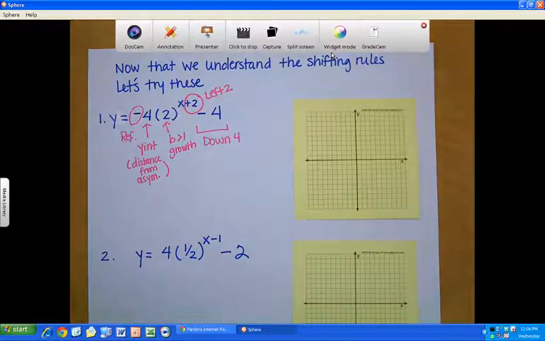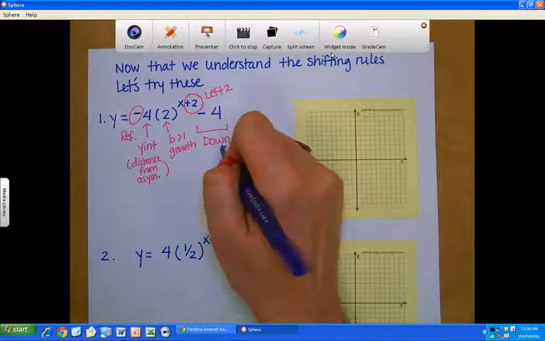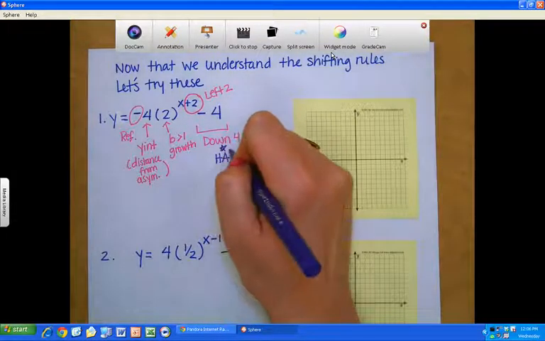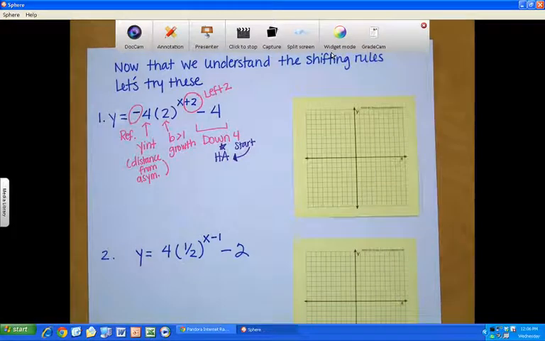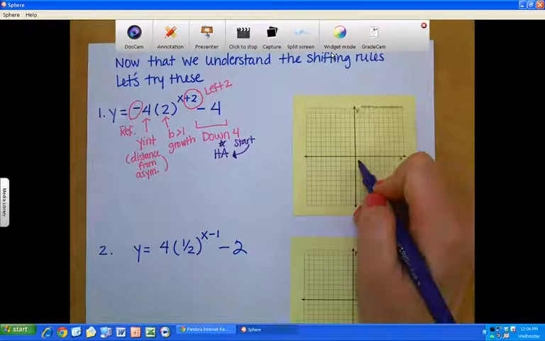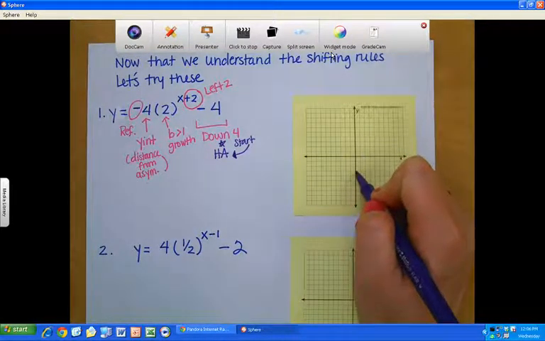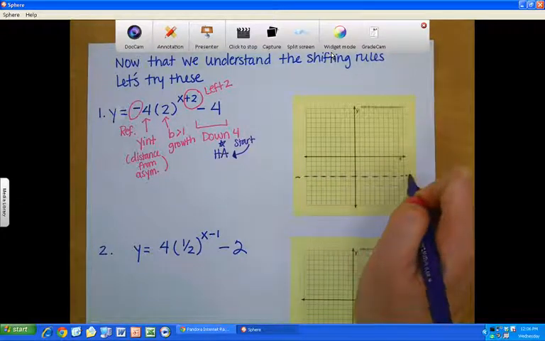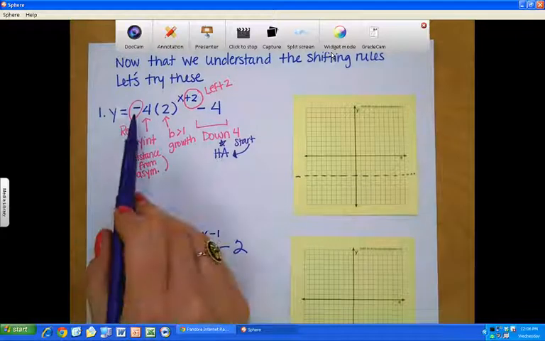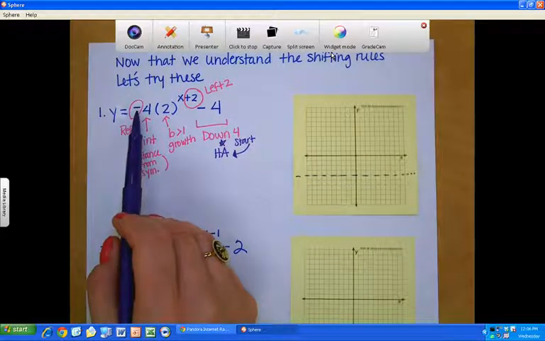Now, because it goes down 4, I'm going to start here and graph my horizontal asymptote first. So I'm going to go down 4, 1, 2, 3, 4, and that is my horizontal asymptote. Now, I'm going to graph this with a dashed line and pretend it doesn't have the reflection.